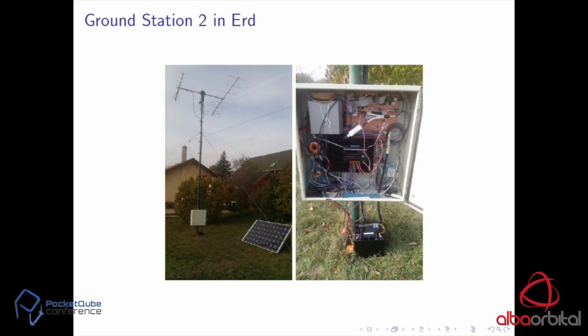Also, this ground station is fully automated, and we can control it through the internet. It can also do all the post-processing of the received signal from the satellite. The secondary one, which is about 20 kilometers from the primary one, had a gain of about 16 dBi.